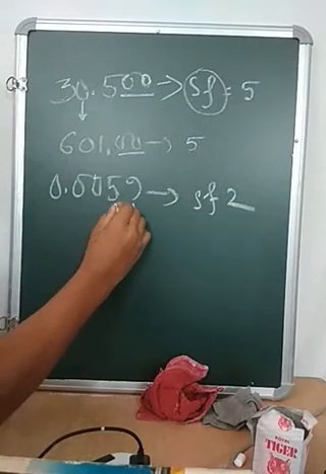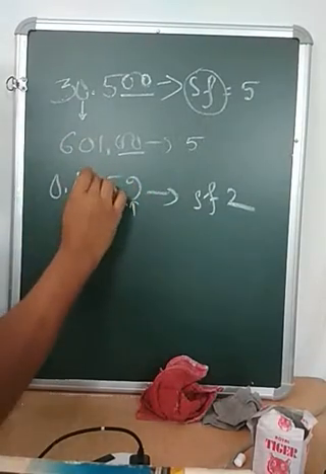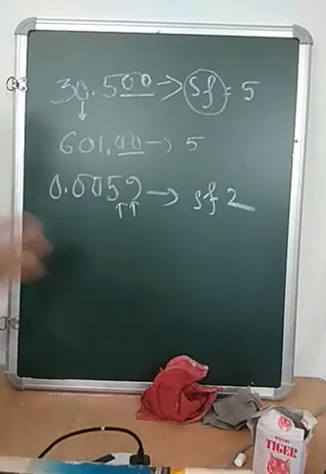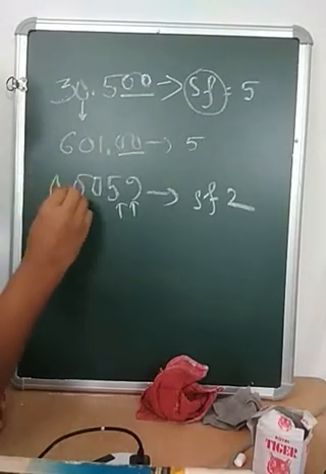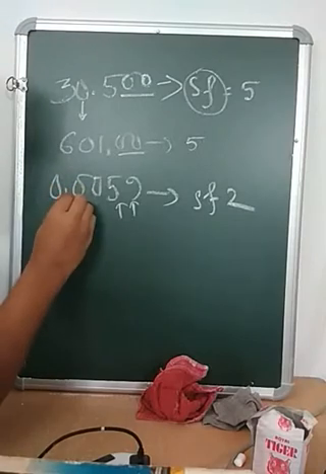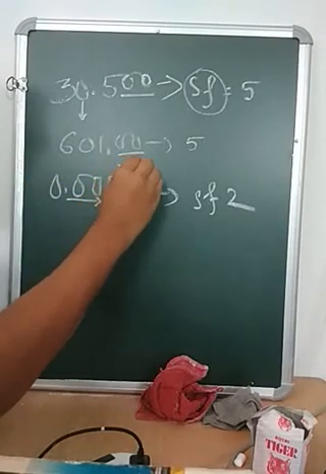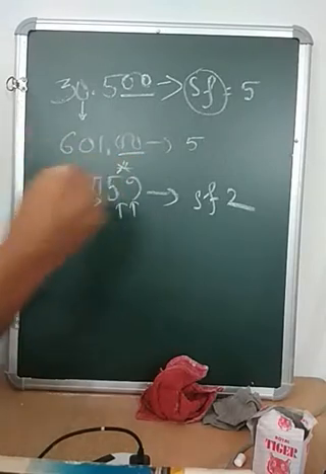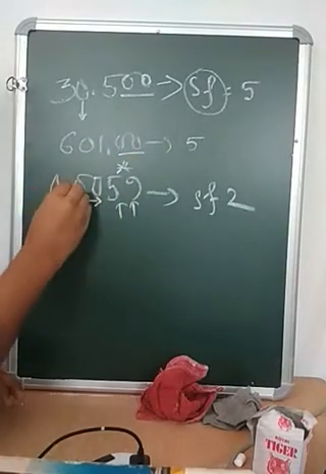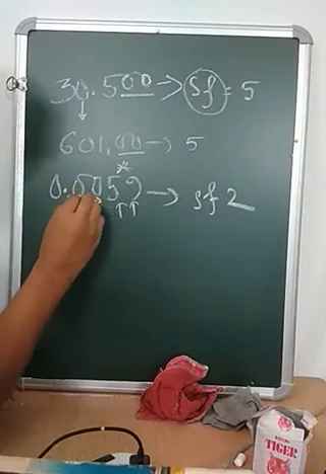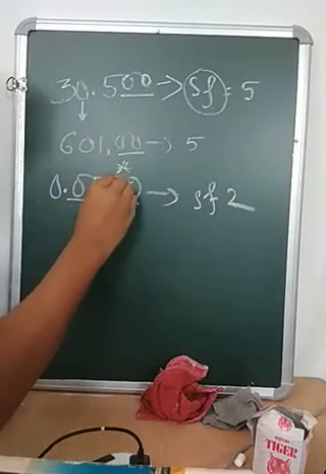Why? There is a rule that when the number is less than 1, the zeros on the right side of the decimal point up to the first non-zero term are not significant. After the decimal point there are 2 zeros and 5 is the first non-zero term.